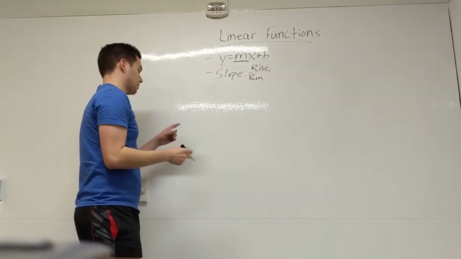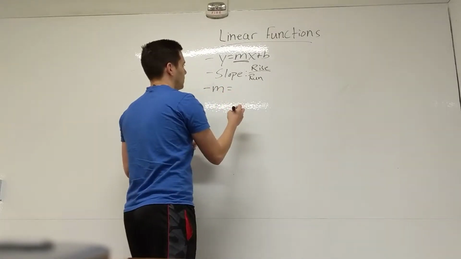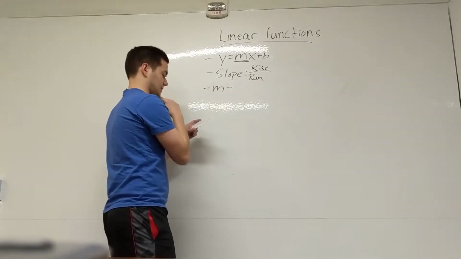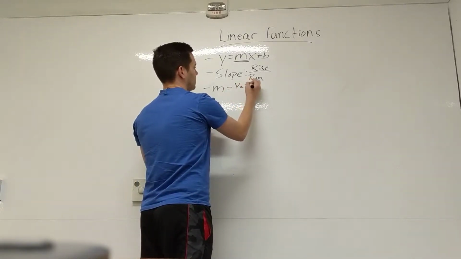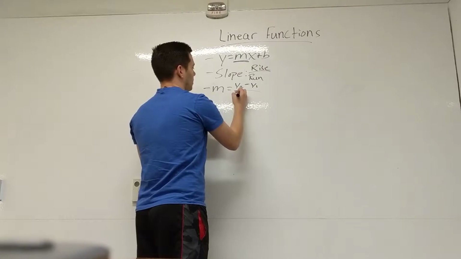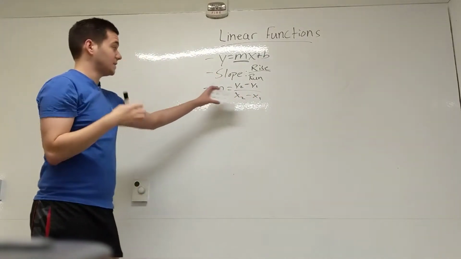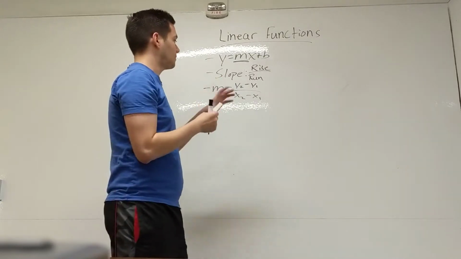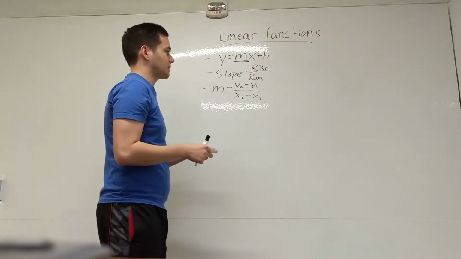if you want to find slope, you use this. Slope, again, is represented as m. Slope is y2 minus y1 over x2 minus x1. Now what this means is you have to have 2 coordinate points to be able to use this.